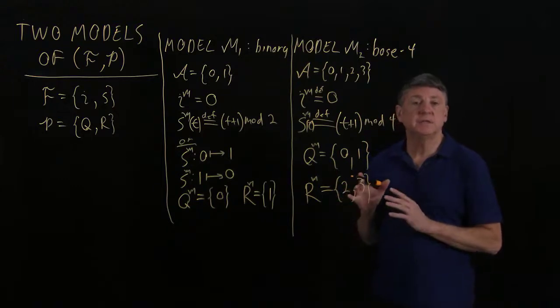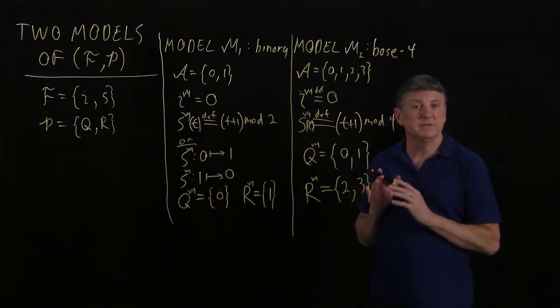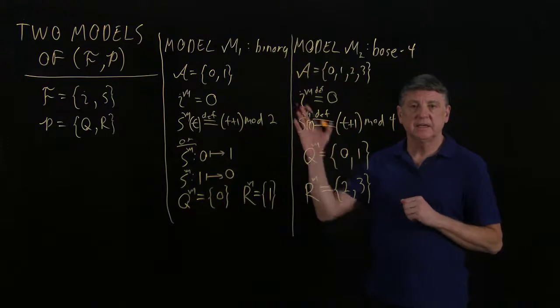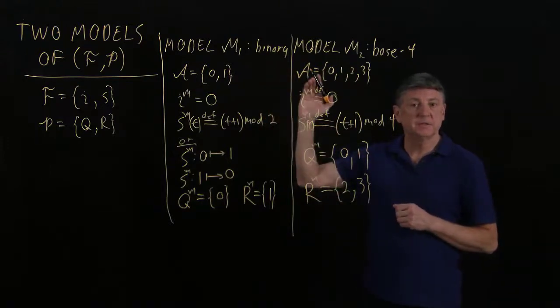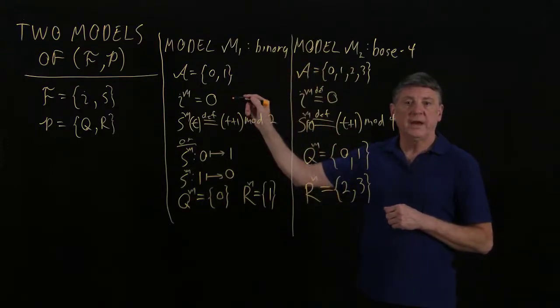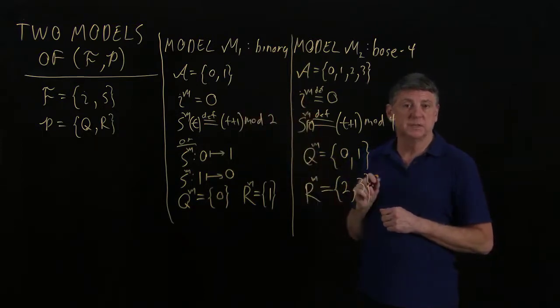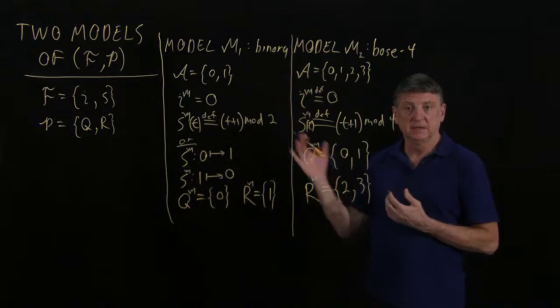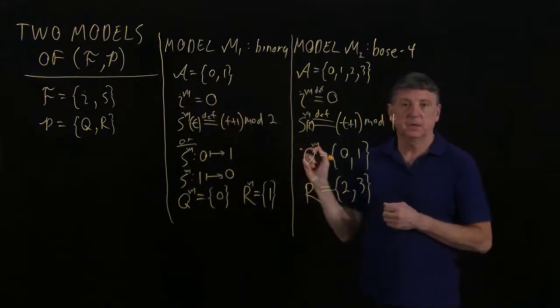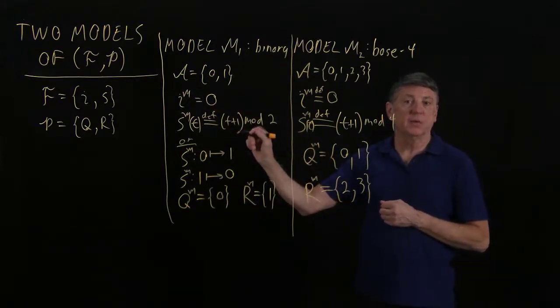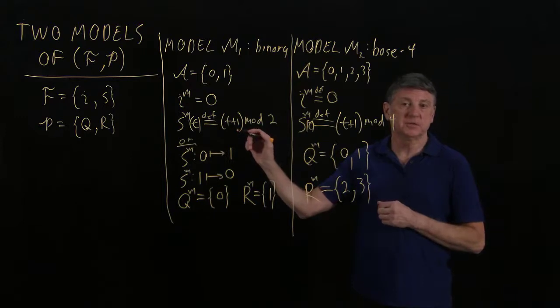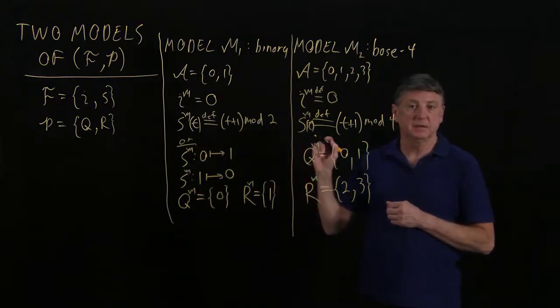And each of these is a model according to the definition of model. That is, in each one we're defining a domain of discourse. We have a nullary function for every nullary symbol in the set script F. We have one unary function in the script F, and we've defined it.